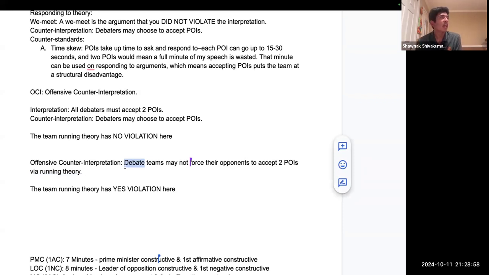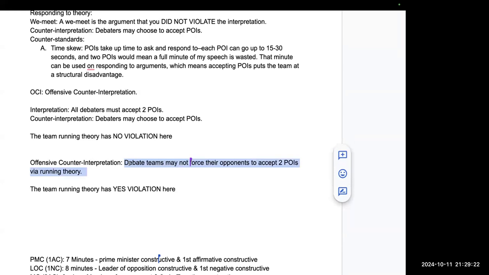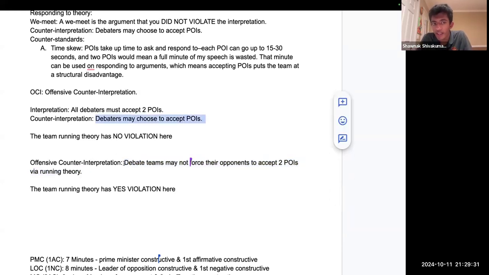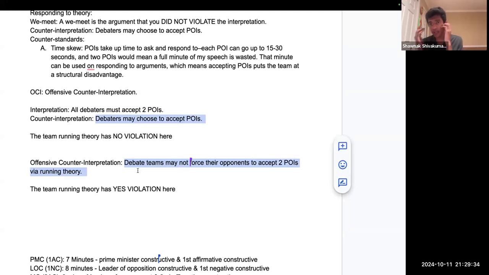If they're saying something like debaters must give funding, I would say almost 99% of the time you want to give an offensive counter interpretation, because whichever interpretation makes more intuitive sense, this way you're able to win the theory shell in the round.